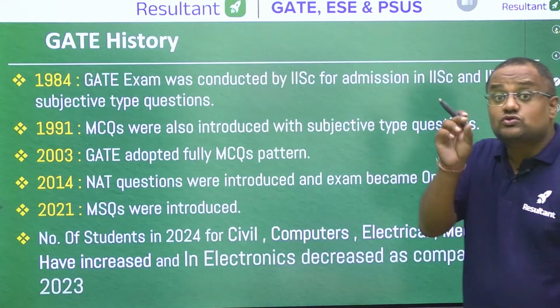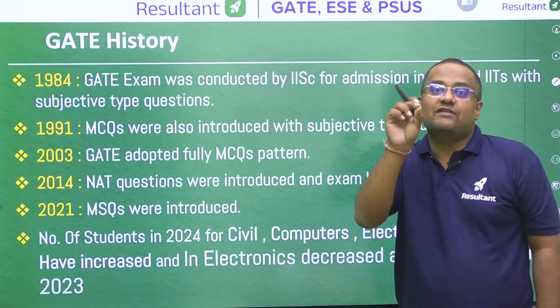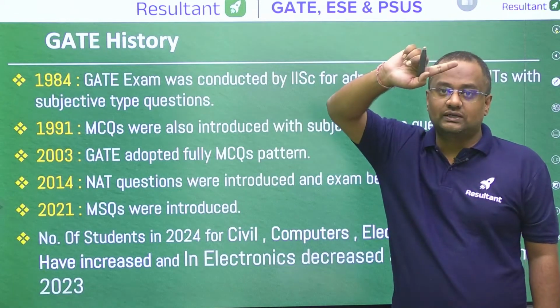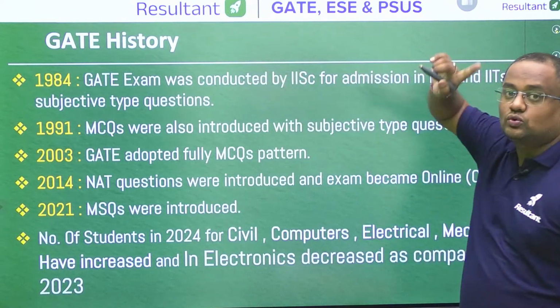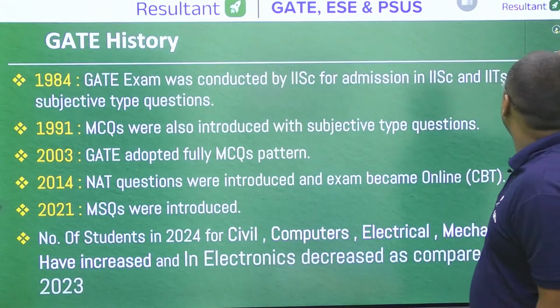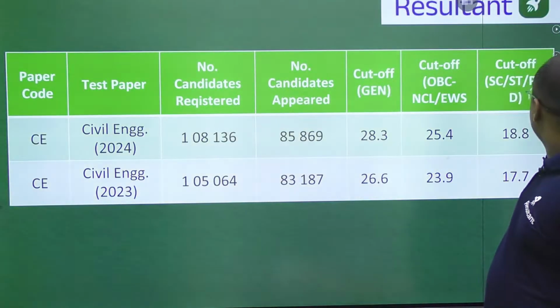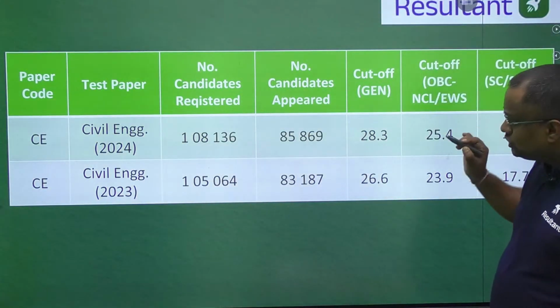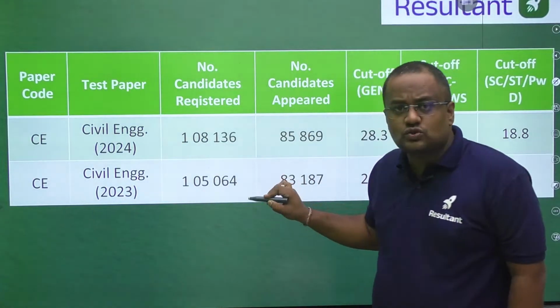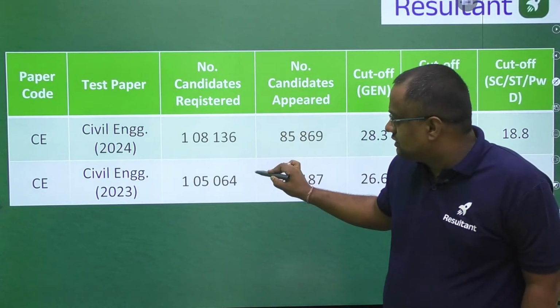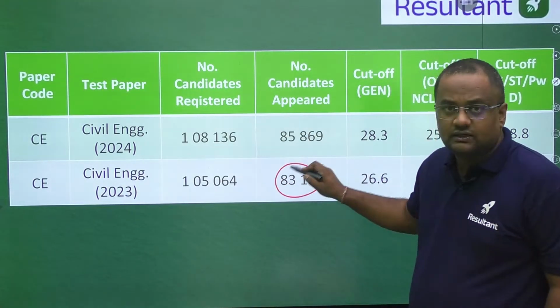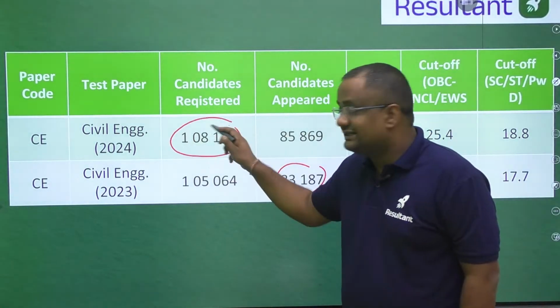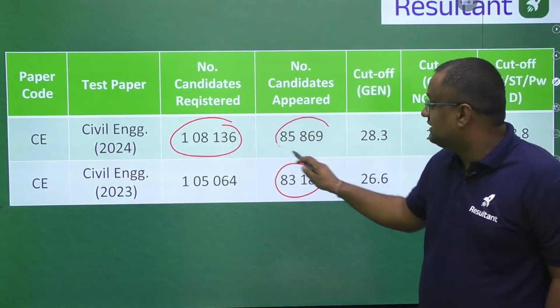The number of students in GATE 2024 has increased compared to 2023. I'll tell you the exact data. In 2024 more students registered and appeared. This is the data, guys. In 2023, 1,05,000 students registered, out of which 83,000 appeared. This time 1,08,000 students have registered, out of which 85,000 have appeared.